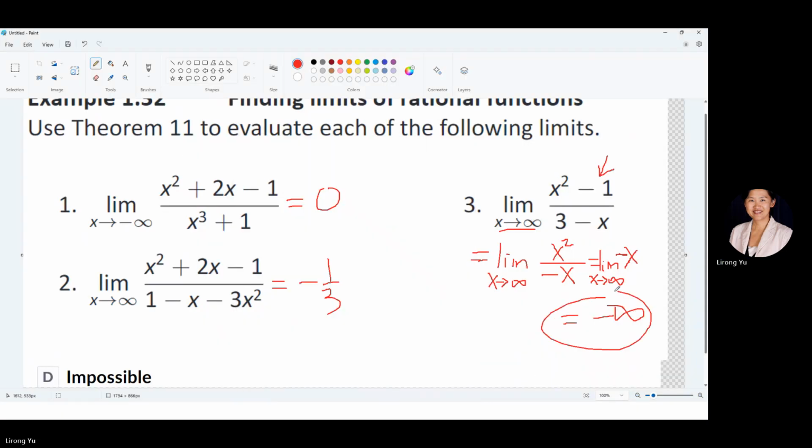On the right side, it goes to negative infinity. If you're calculating the limit when x goes to negative infinity, y actually goes to a positive. So this side goes down, that side goes up. That is the left and right behavior.